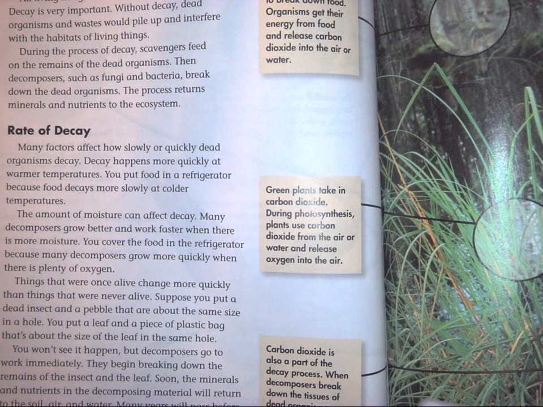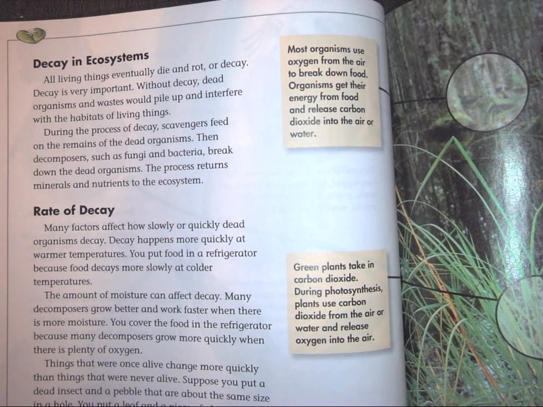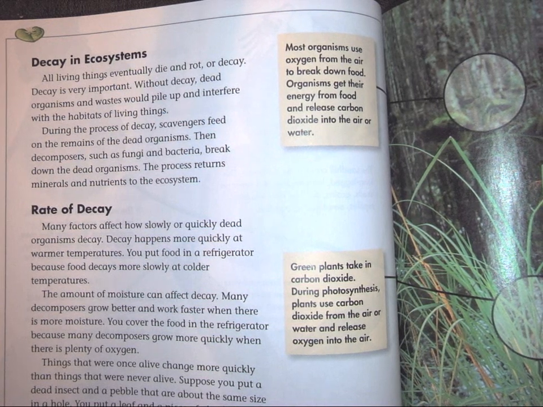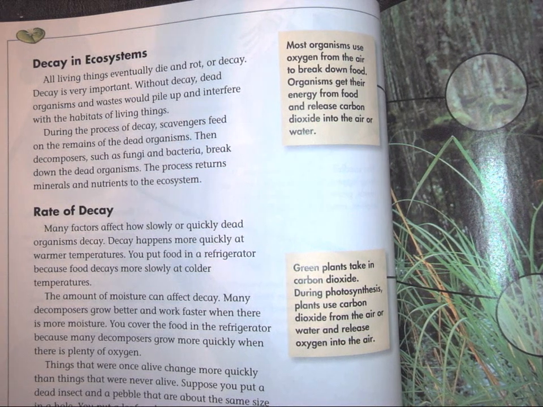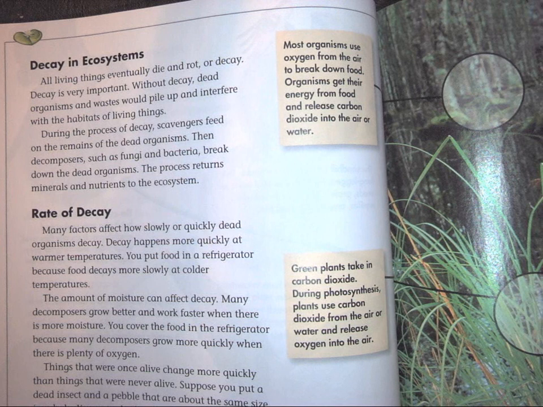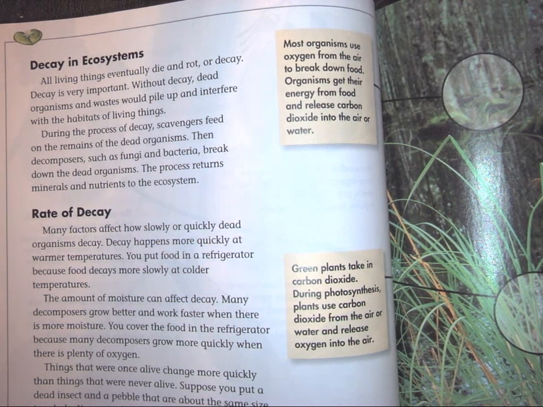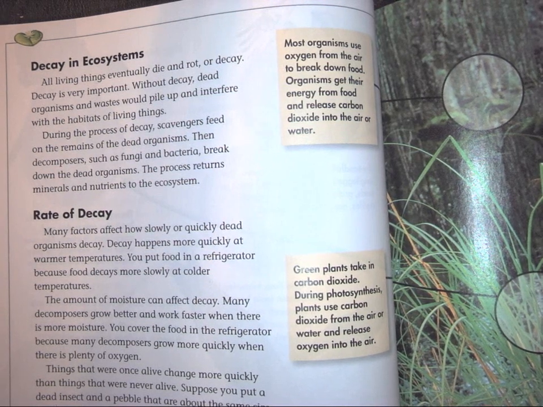Decay. Okay, decay in the ecosystem. So we know that everything is going to die and it's going to rot and decay. Well, without decay, they'd pile up and have just a mess all over the place. So there's these things called decomposers. Decomposers, like fungus and bacteria, break down the dead organisms and return those minerals into the ecosystem.